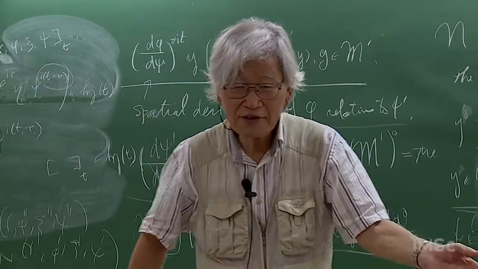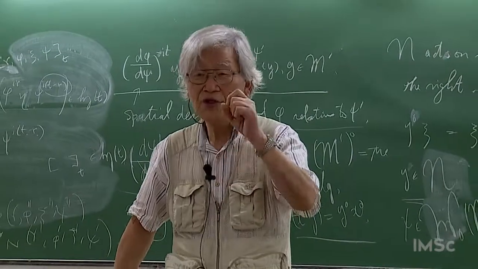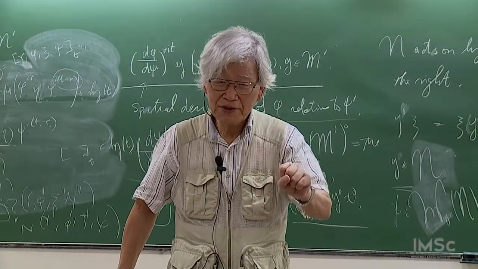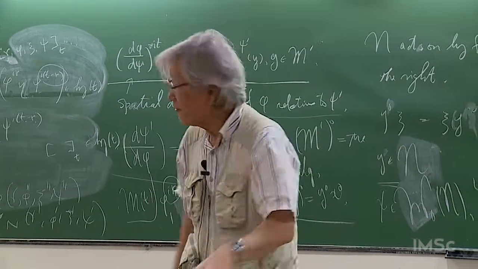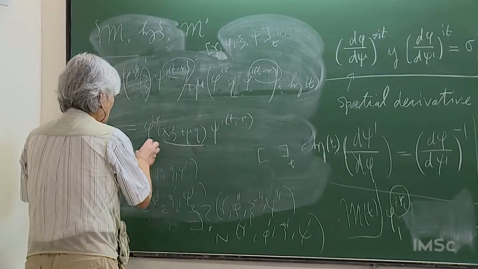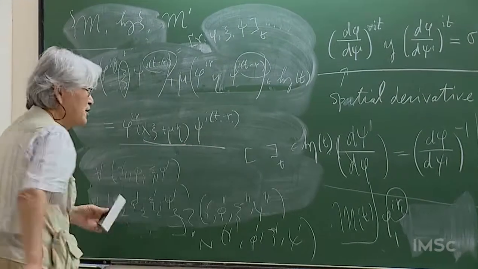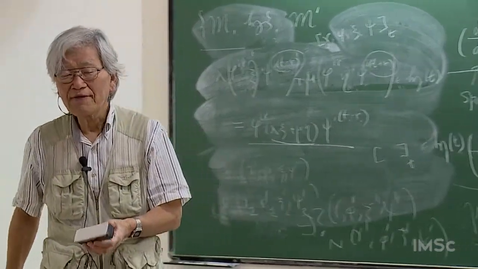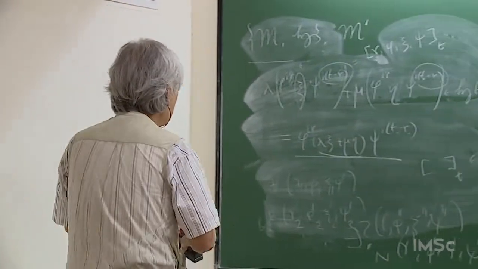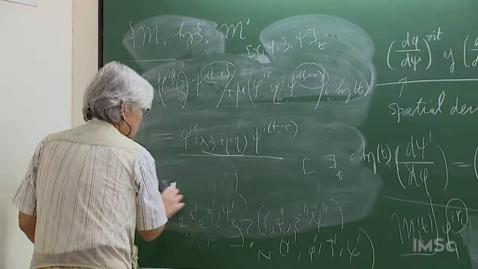So this equivalence relation does not destroy the linear structure on the Hilbert space. Thus you can introduce the vector space structure. At the same time, you have an inner product.